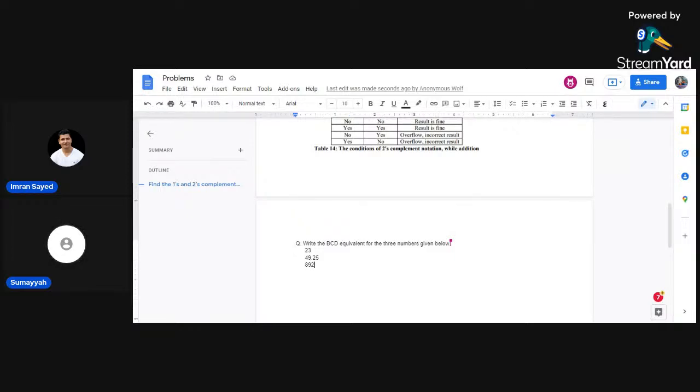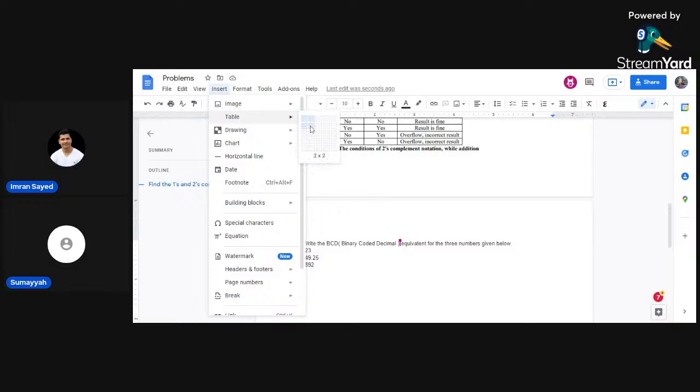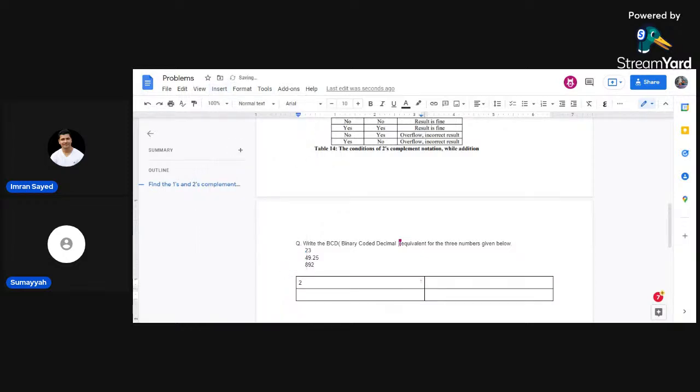So in BCD, each decimal digit is represented by 4 binary digits. What is BCD? Binary coded decimal. Okay, I'll put a table for 23.